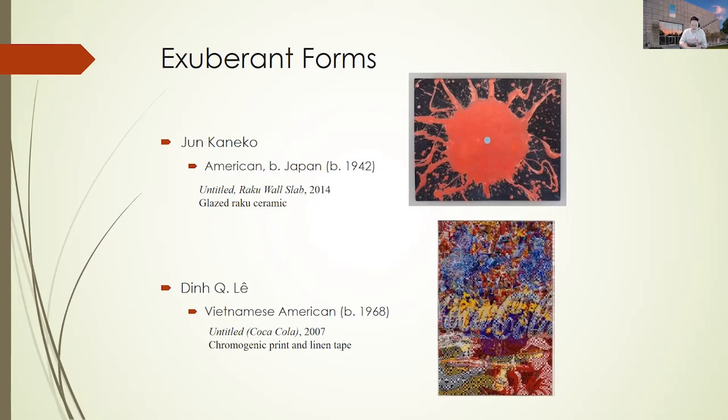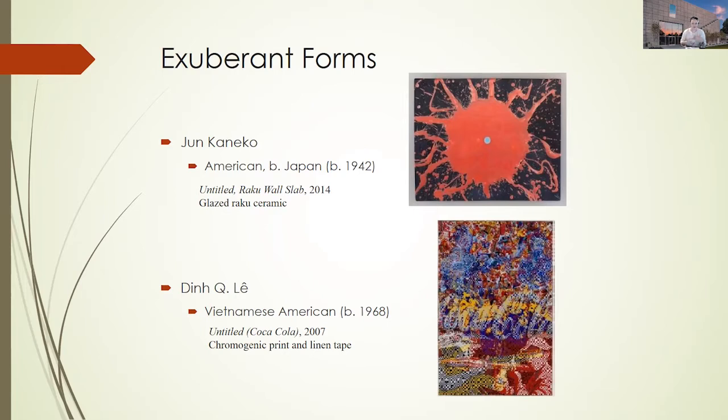So he's taking this concept of the freedom and the use of raku in ceramics and doing more of an example that goes on the wall. It's about 1 or 2 inches thick, but for the most part it is flat, whereas in his other work, he definitely does 3-dimensional, and you'll see some of those pieces later on. But this is his form of abstraction.